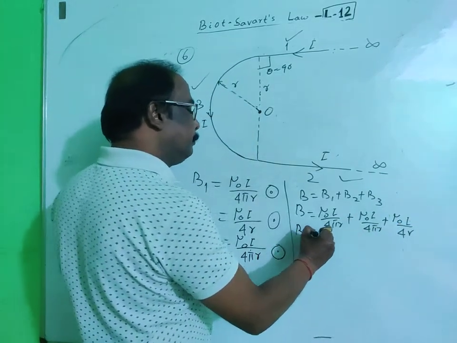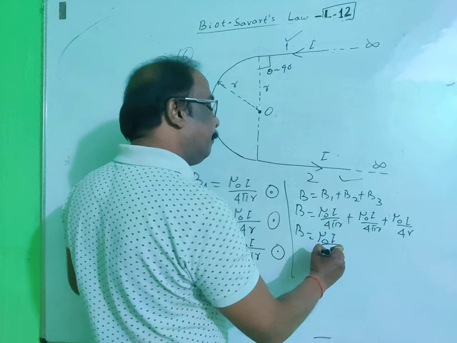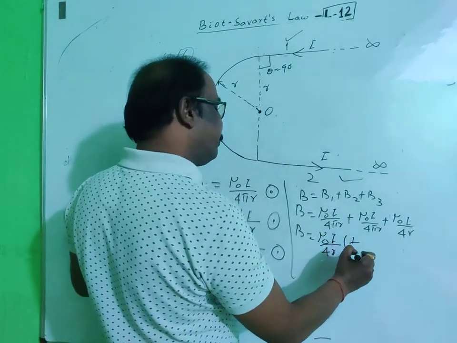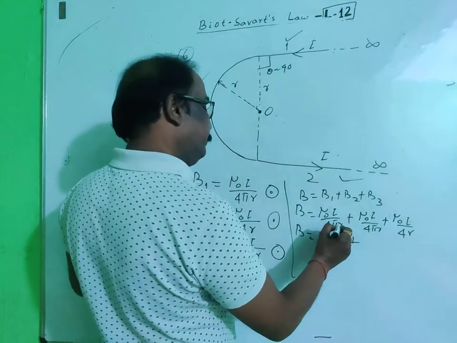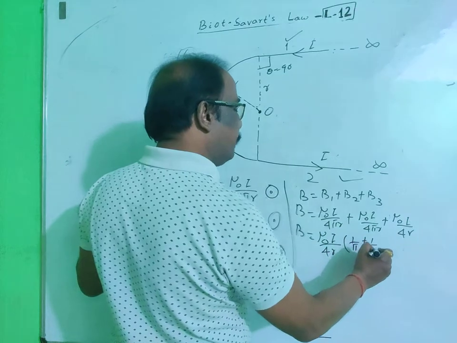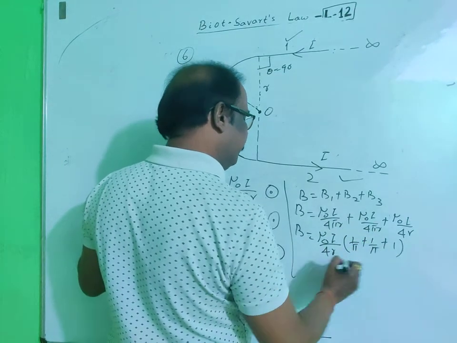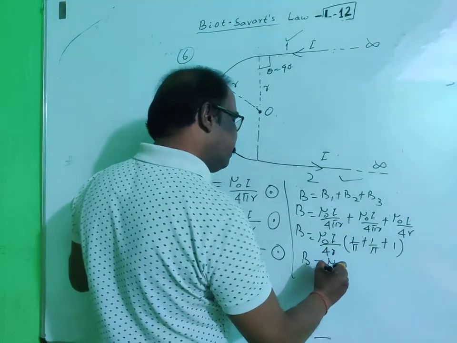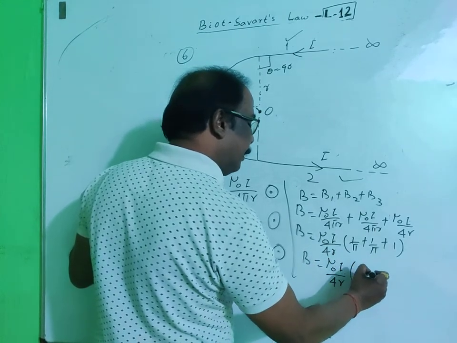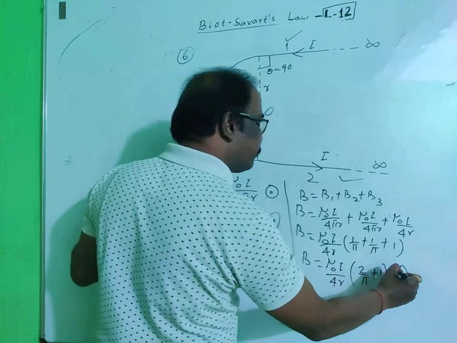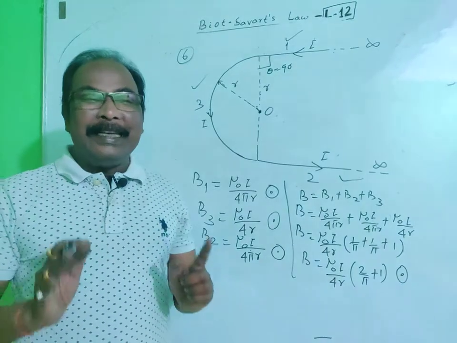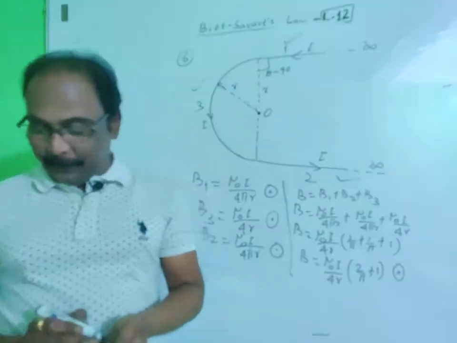B is equal to mu naught I by 4R, the common factor, times 1 by pi plus 1 by pi plus 1. Then the resulting magnetic field is mu naught I by 4R into 2 by pi plus 1, and the direction is outward. Easier? Okay. The next question.